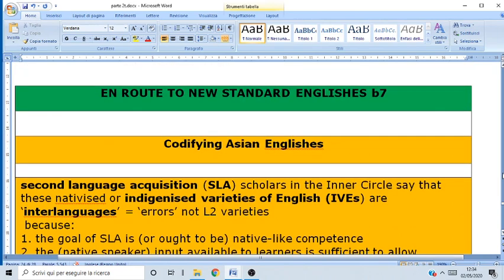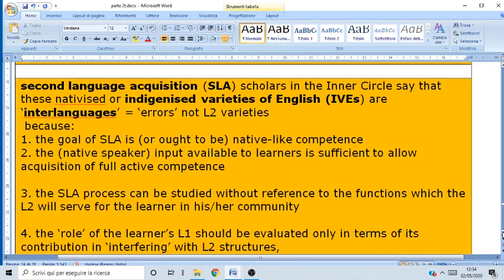Okay, so let me go back here for a second. There are some scholars who have studied Asian Englishes, or indigenized varieties of English in general. And they see these Englishes as interlanguages, so mistakes, errors, and not L2 varieties. Because they think that the idea of second language acquisition is to sound native-like, that these people are perfectly able to get a full active competence that is like the L1 English.